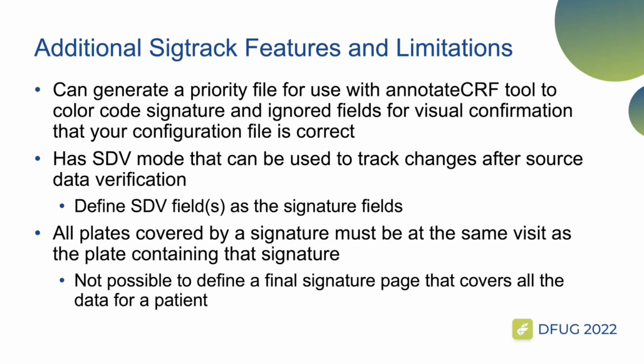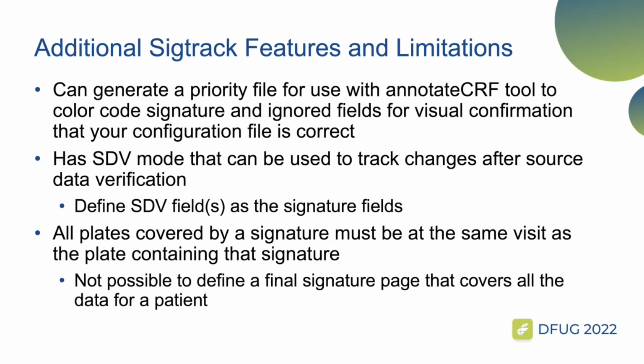It has an SDV mode, which can be used to track changes after source data verification. So this is essentially the same problem. What we're trying to solve here is we have a field or a series of fields that are completed, and then we want to know, did any other fields get changed after those fields were completed?